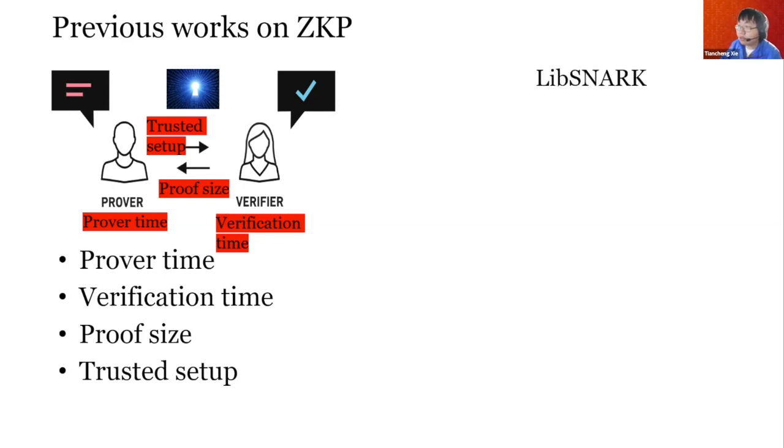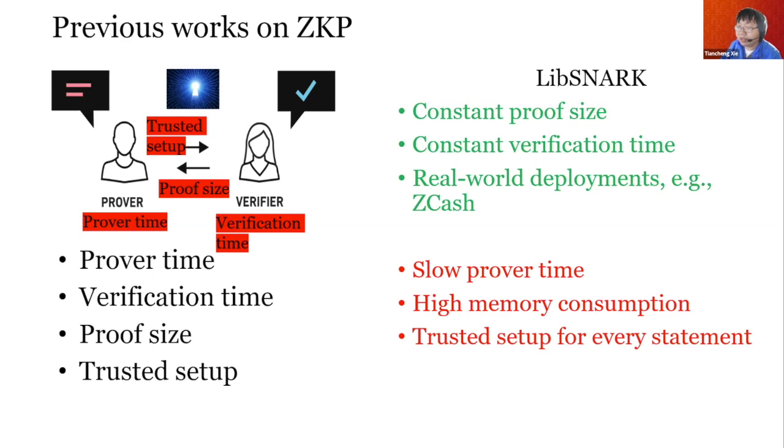Libra is widely deployed in Zcash. However, it has some drawbacks. It has very slow prover time, high memory consumption, and it needs a trusted setup for every statement.